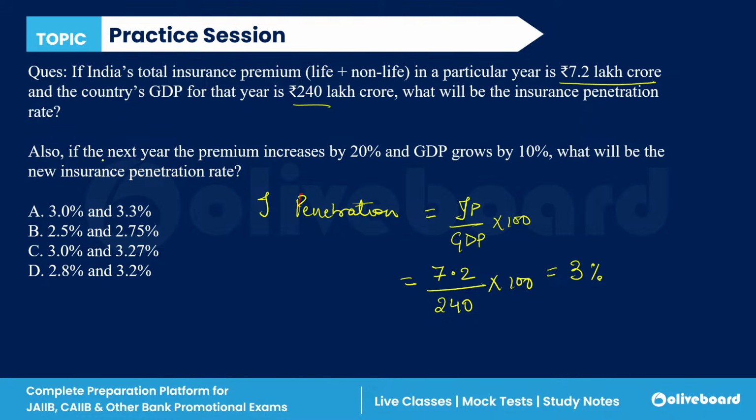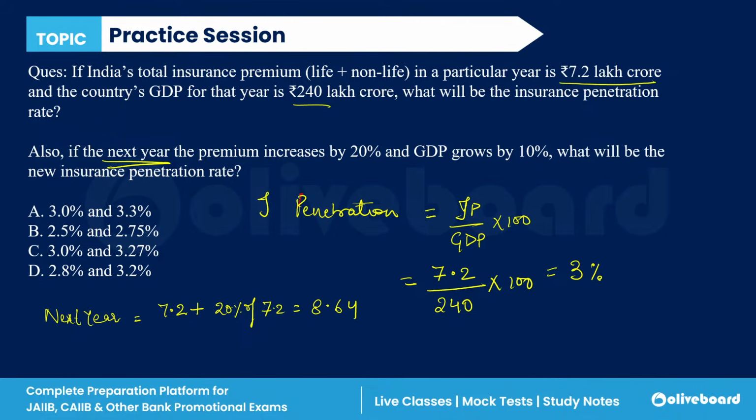Now let's talk about the next year. First of all, see there are changes. There is a 20% increase in the premium, so 7.2 plus 20% of 7.2 is approximately 8.64.